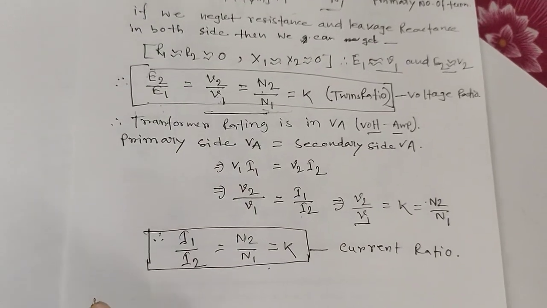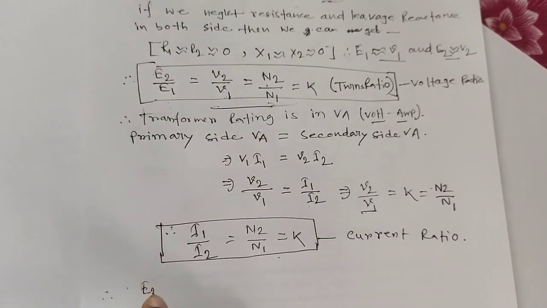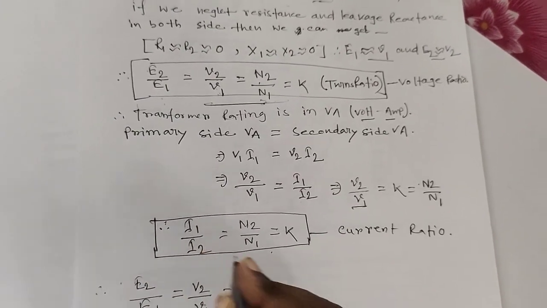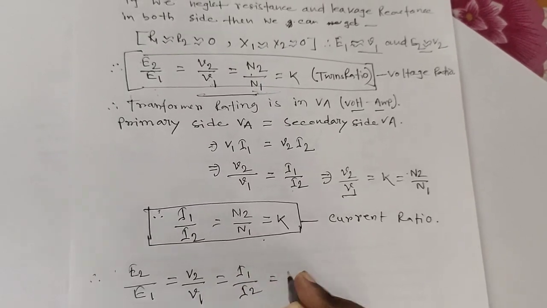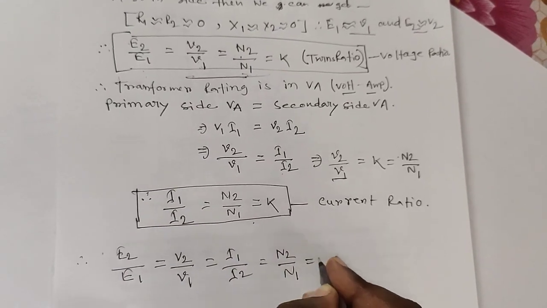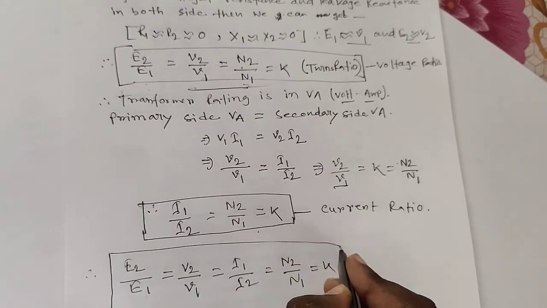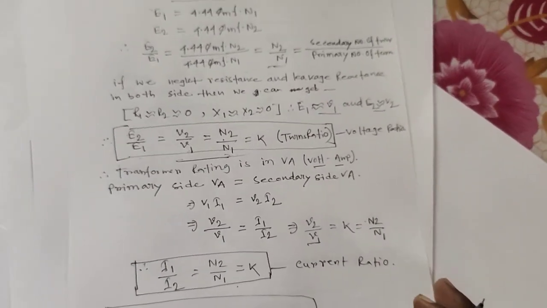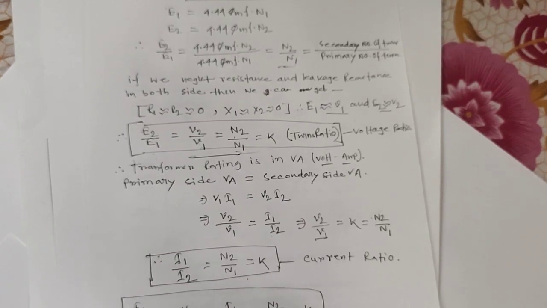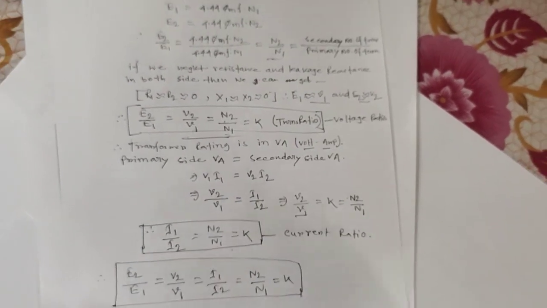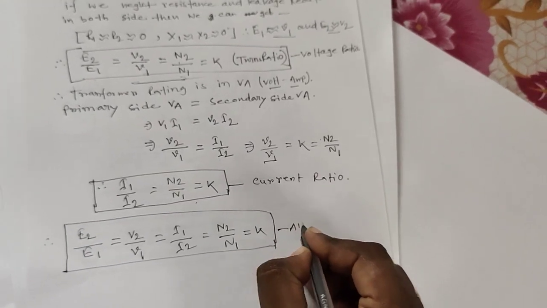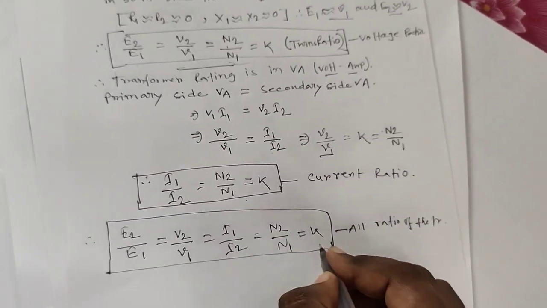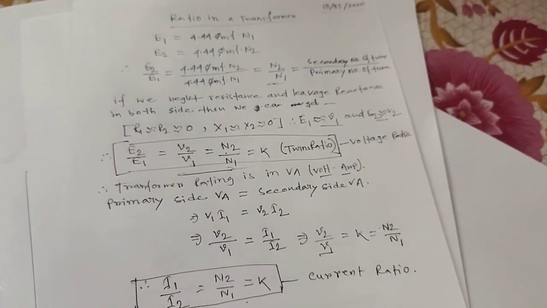Combining both equations, we get E2 by E1 is equal to V2 by V1 is equal to I1 by I2, which is nothing but N2 by N1 is equal to K. These are all the ratios of the transformer. This equation is very important, because voltage, current and number of windings are calculated from it. This is very important for the single phase transformer.